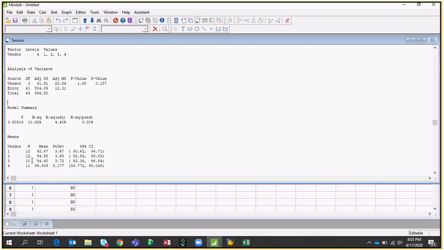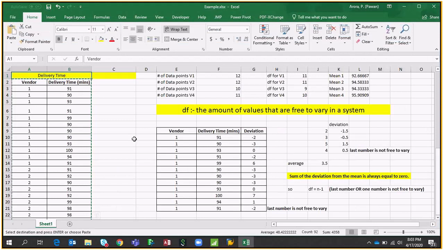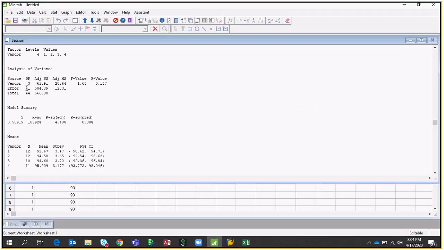For the third it is 10 minus 1, 9. And for the fourth one it is 11 minus 1, 10. You can also see this in the Excel file, on the top. You can see these are the degrees of freedom. And if I add all these, it will give me 41. So this 41 you can see here, right? This is the degrees of freedom for error.